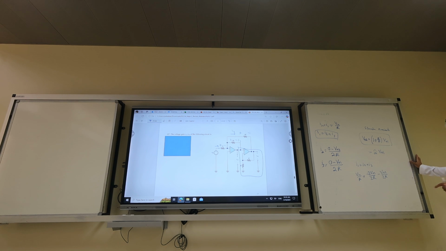Get it? Now I can find the relationship. If I multiply this by 2, I multiply this by 2, then you will have 2V input equals minus 3 V output 1. So V output 1 over V input equals minus 3 over 2.